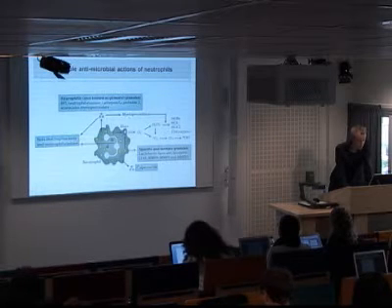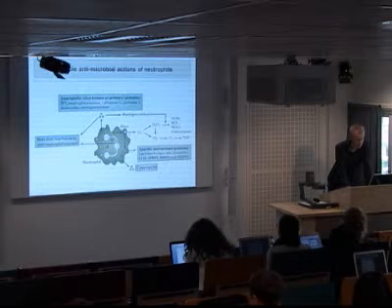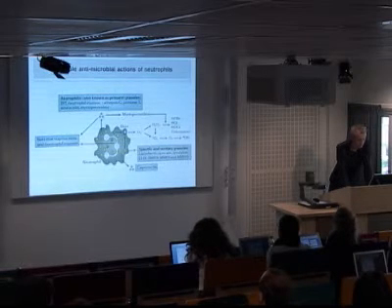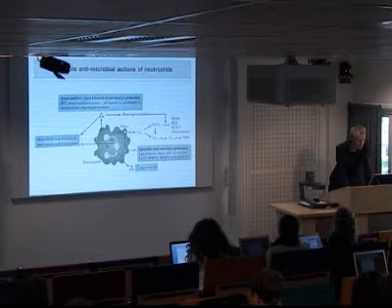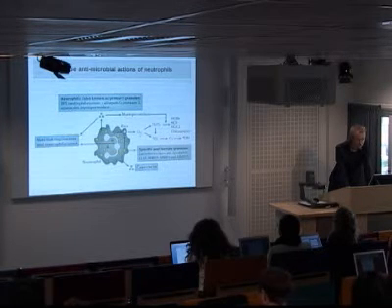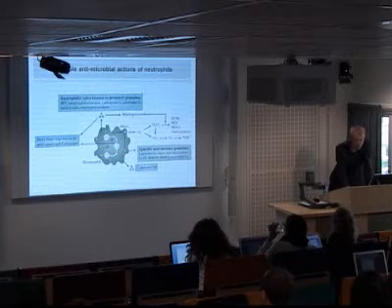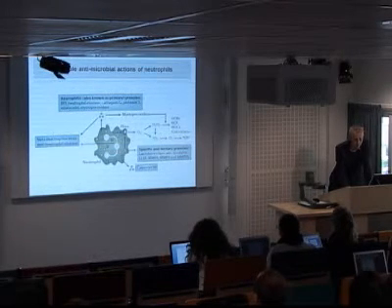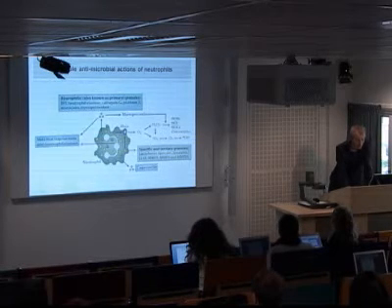And this protein works together with another protein on the neutrophil, which is called phagocyte oxidase. And this protein generates lots of different reactive oxygen species. So, for example, the hydroxyl radical, but also it generates hydrogen peroxide.